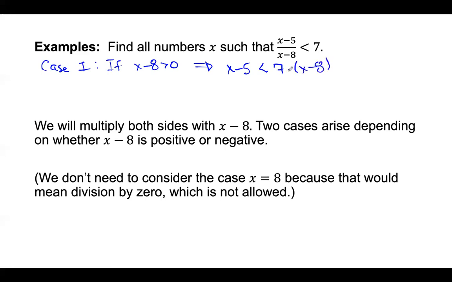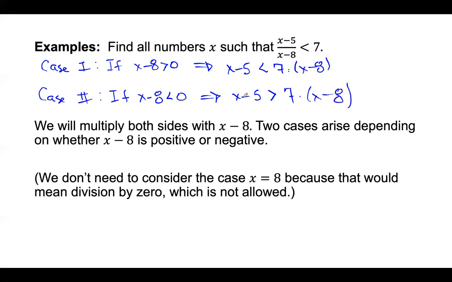We can do this because the inequality sign doesn't change, because we're multiplying by x minus 8, which is positive. Now there's a second case, case 2. What happens if x minus 8 is less than 0? Well, this would imply x minus 5 would therefore be greater than, the inequality sign changes, 7 times (x minus 8). So we're going to examine these particular cases.